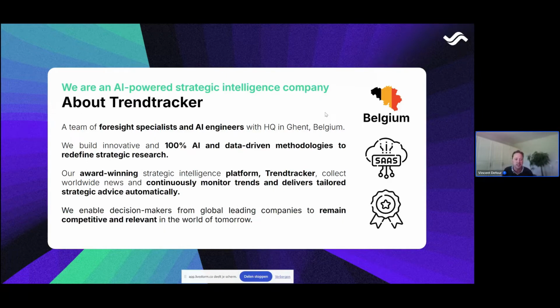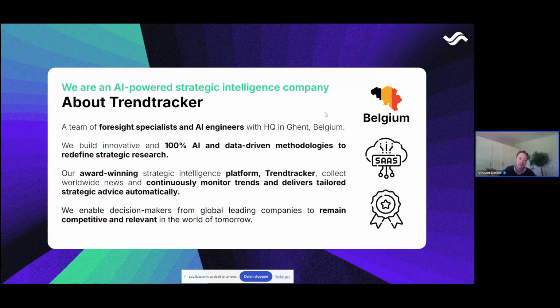Now, Trendtracker itself has won several awards in different industries for our proprietary technology, and it's all about collecting worldwide news and then using that to continuously monitor trends and deliver tailored strategic advice in an automated and personalized way. And by doing so, we basically enable decision makers from global leading companies to really have that competitive edge, to really stay relevant and able to anticipate a fast-changing world.